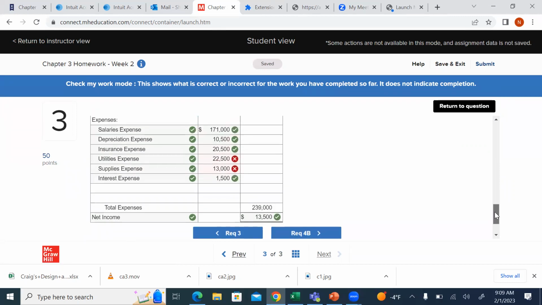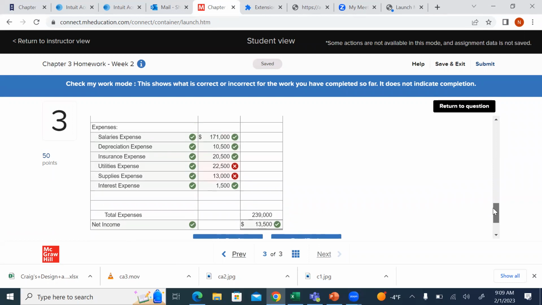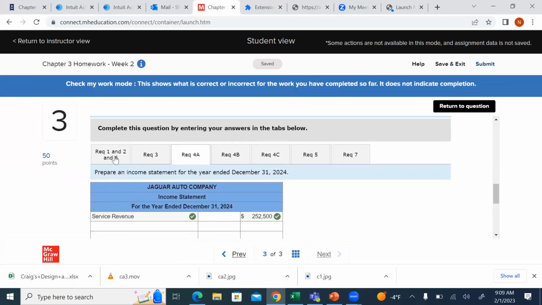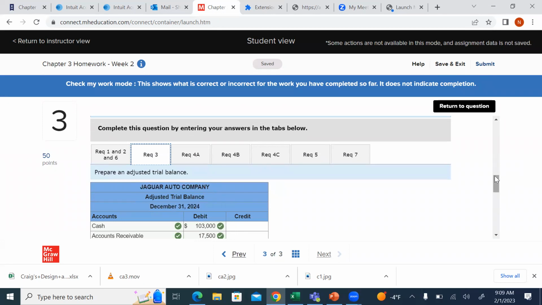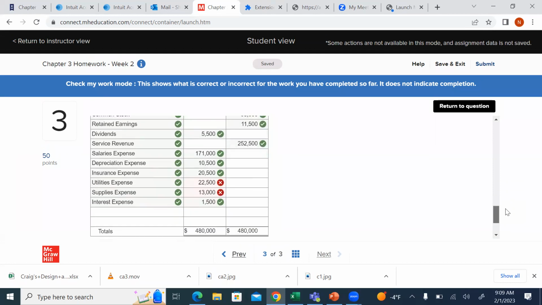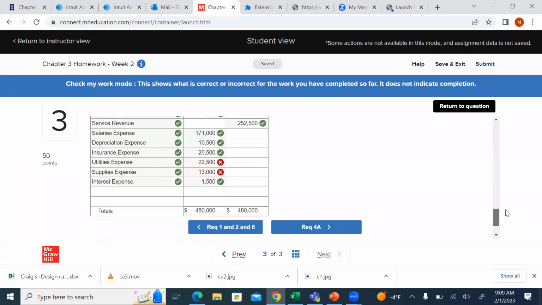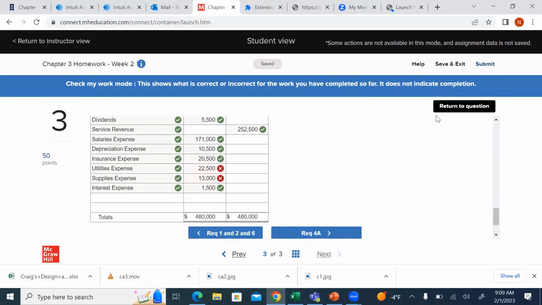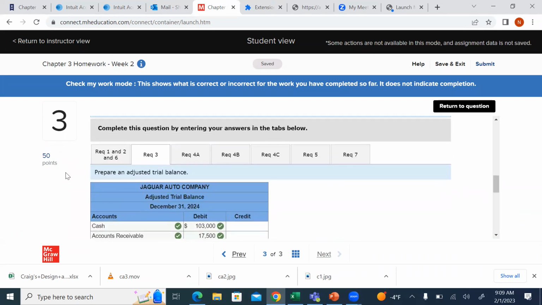What did I do wrong? Utilities expense, supplies expense. Utility, okay, so I put them wrong in here. Utilities expense is what? Let me see.